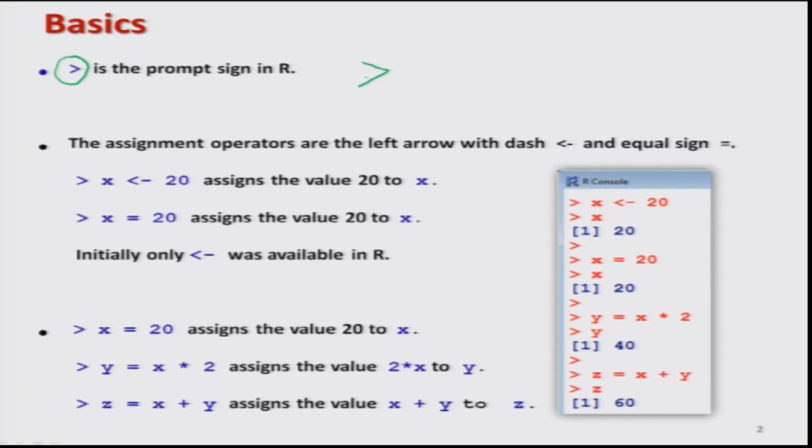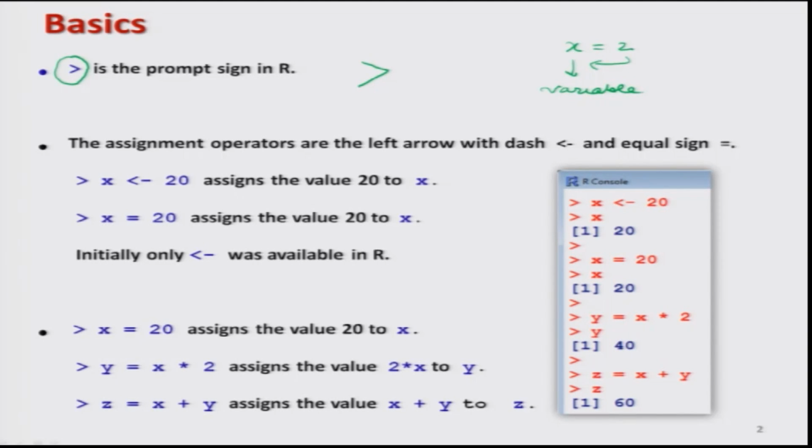Now, whenever we want to do anything, I have to assign a value to a variable. For example, in mathematics you have seen that usually we write x equal to 2. The meaning of writing x equal to 2 is that I am considering a variable and assigning it a value 2.